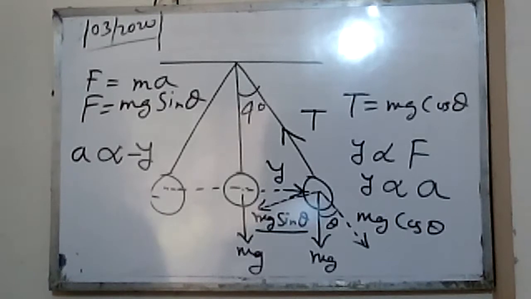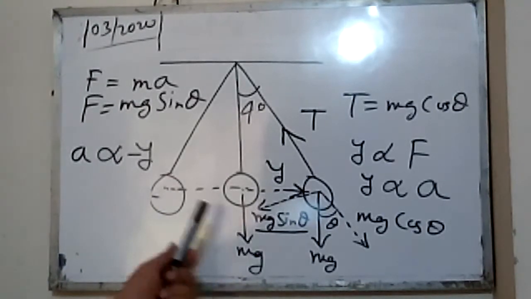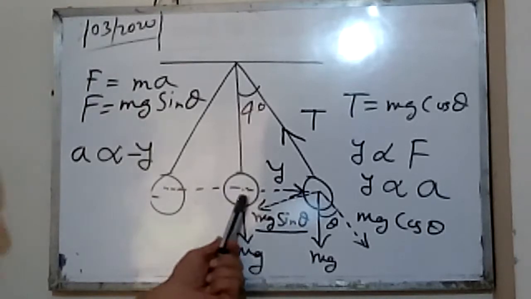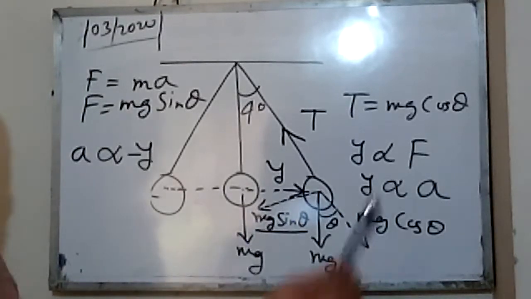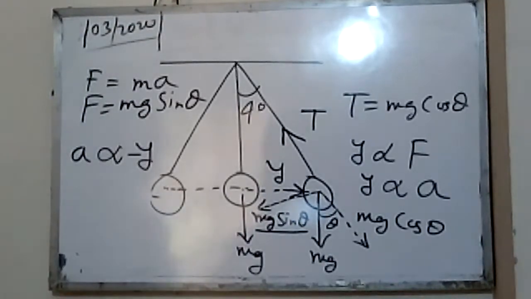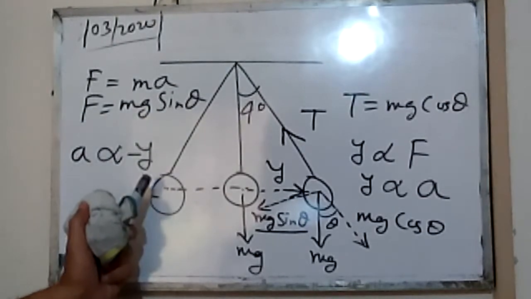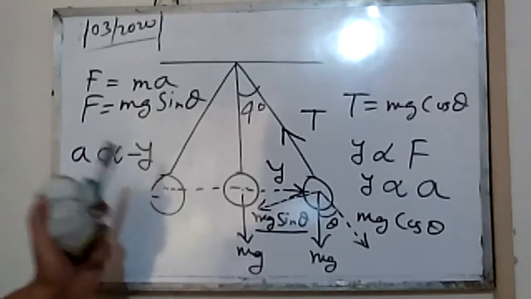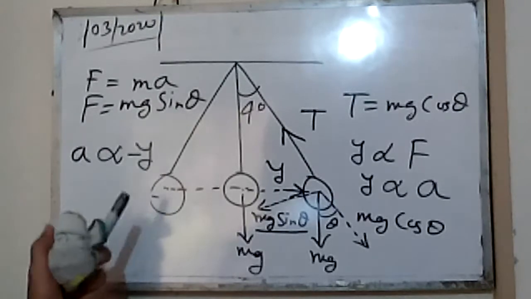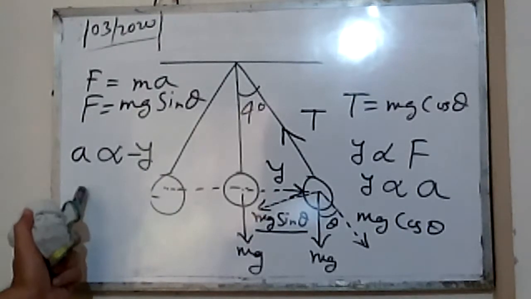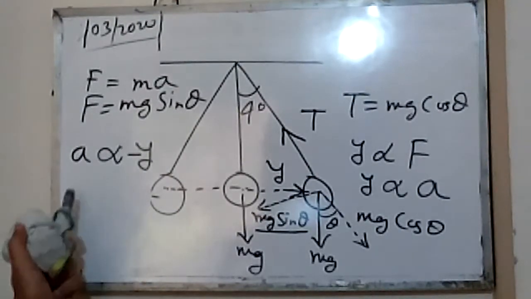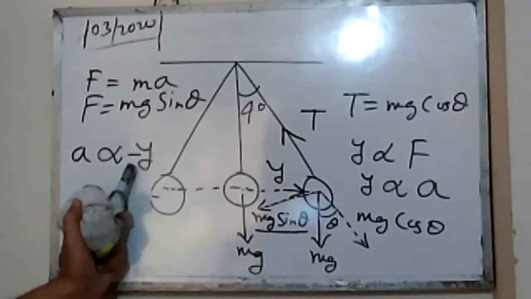So firstly, the particle or the bob is displaced in a straight line, and secondly, the acceleration a is proportional to its displacement y, and directed in an opposite direction, minus sign.